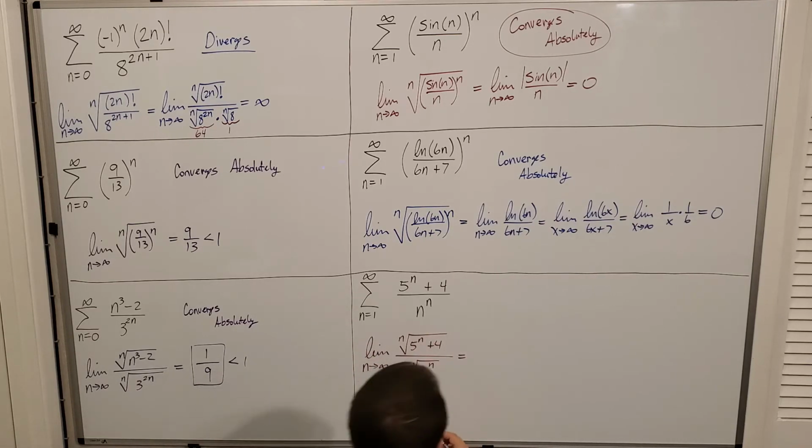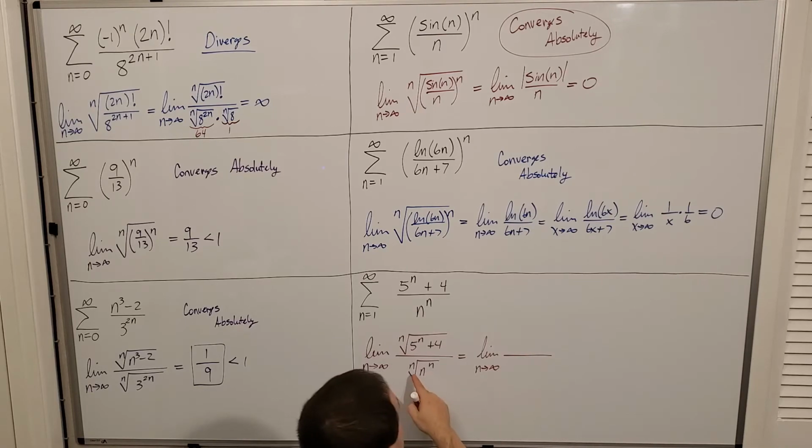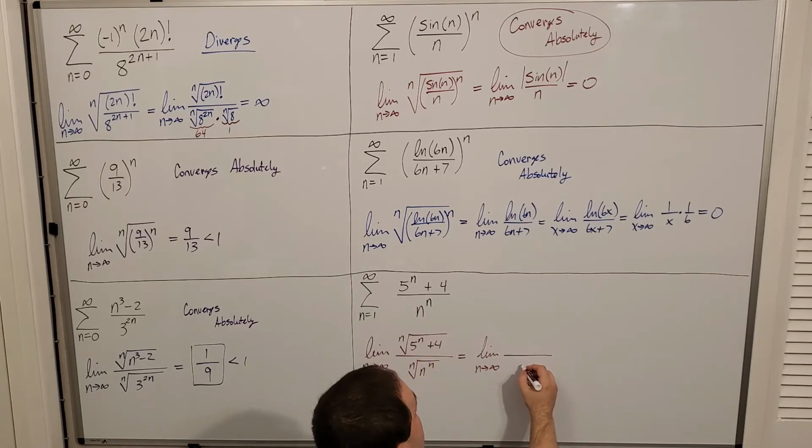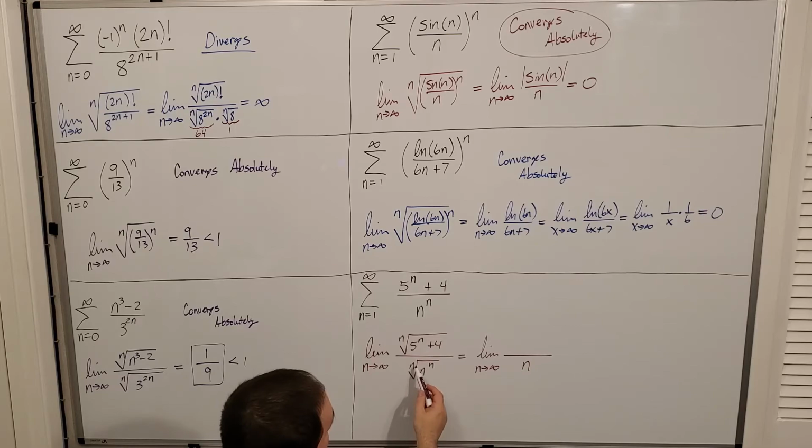And of course, that's going to leave me with the limit as n goes to infinity of, now the denominator is obvious because the power and the root are opposites. So it leaves me with the n after these two wipe out.